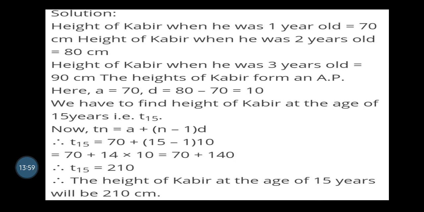So adding 140 to 70 we get 210. So T15 equals 210. That is, the 15th term is 210. The height of Kabir at the age of 15 years will be 210 centimeter.